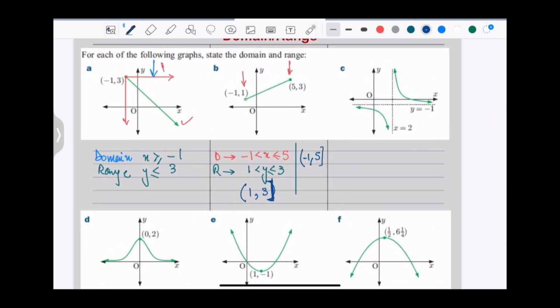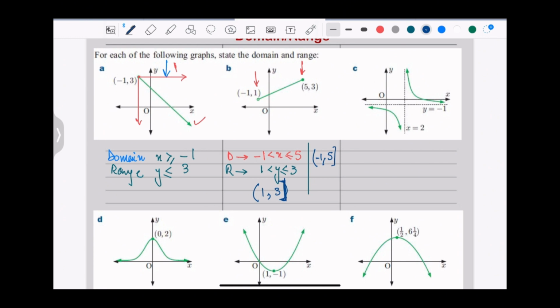Now look at this function here. If you see this one, the function exists everywhere except x equals 2 and y equals -1. It does not exist there. So the domain of this function is going to be x belongs to real numbers, x is not equal to 2.